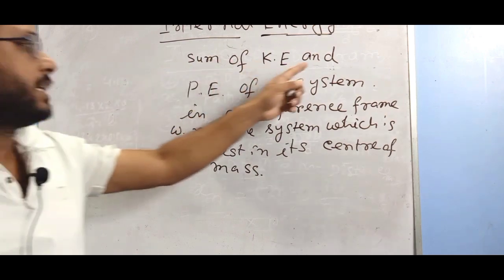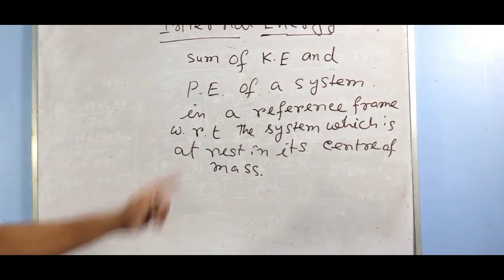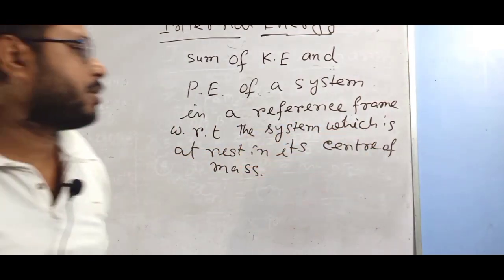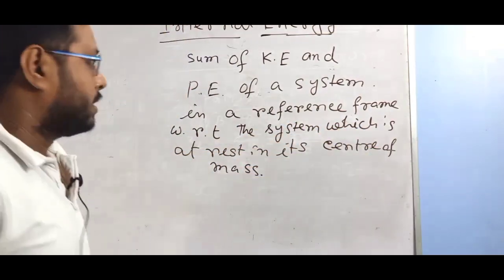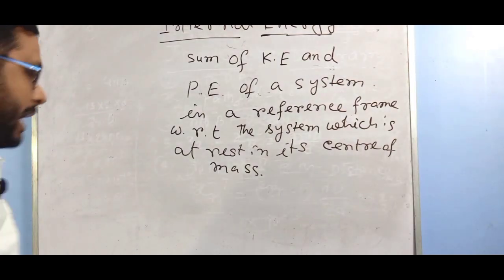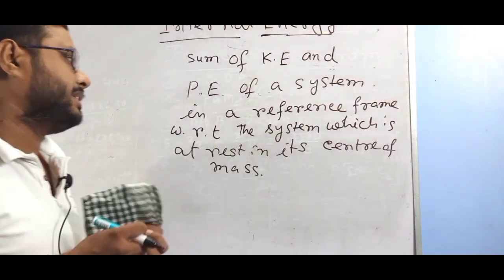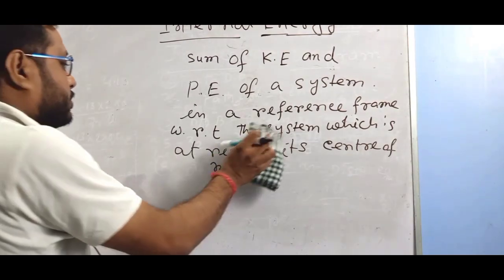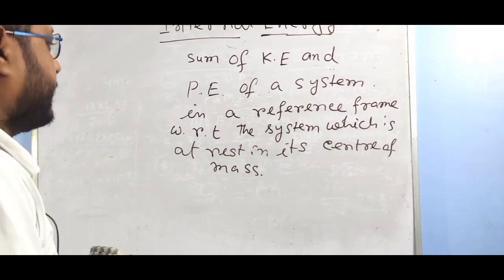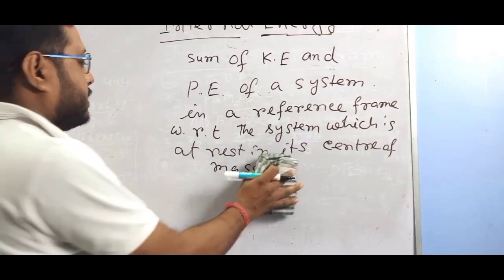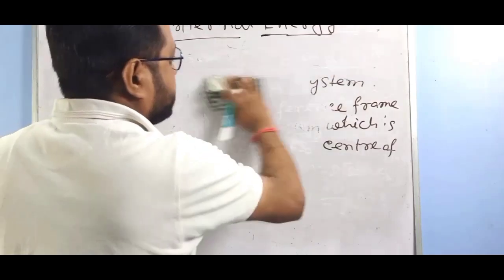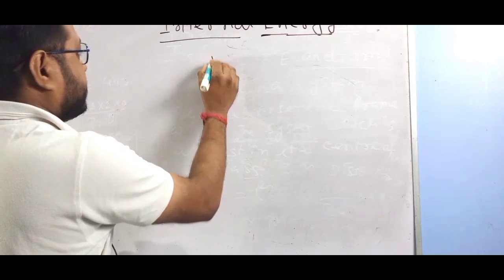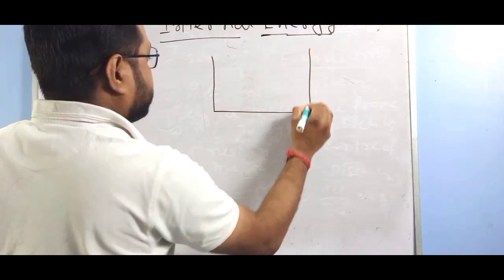The sum of kinetic energy and potential energy of a system in a reference frame with respect to the system which is at rest in its center of mass. Or simply, the sum of kinetic energy and potential energy is known as internal energy. Suppose a system is a gas placed in a container.